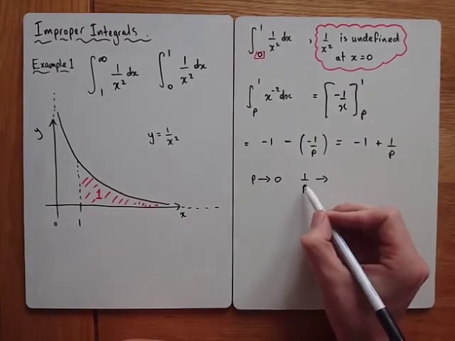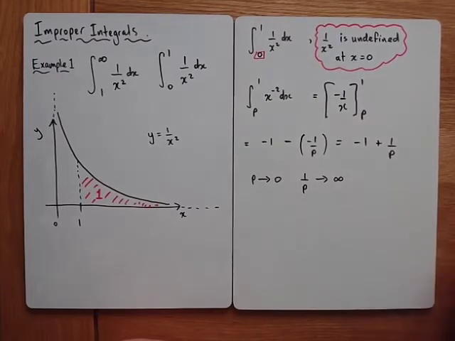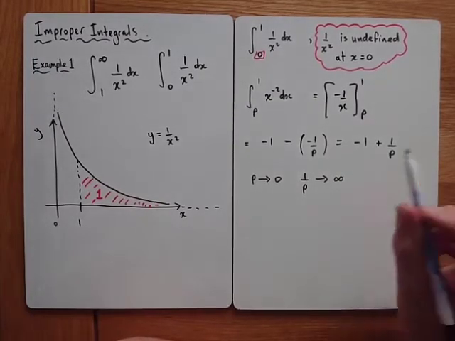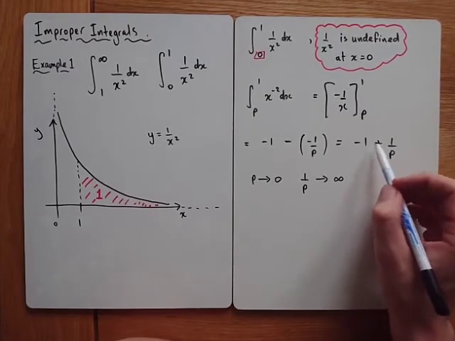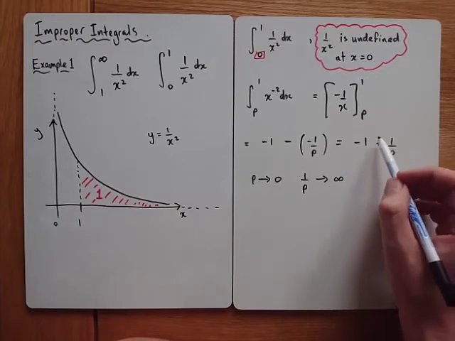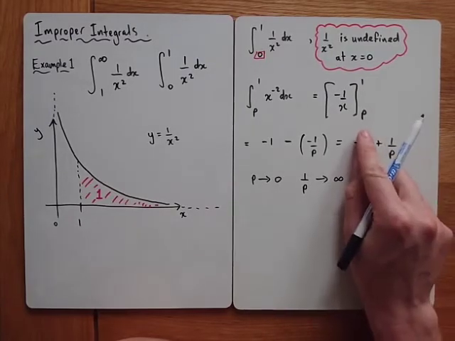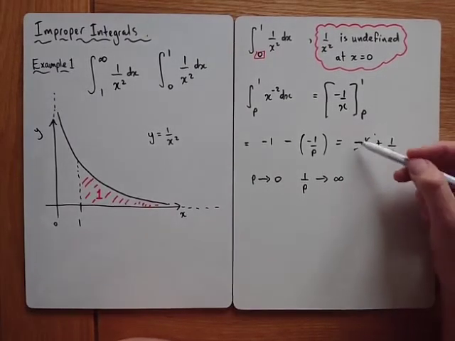But as p gets smaller, 1 divided by something that's getting smaller is actually going to tend towards infinity. So because this term is tending towards infinity, it doesn't matter about this minus 1, does it? Like if you've got minus 1 and then something which is tending towards infinity, that's basically negligible. It has no impact at all on the answer. We can just completely forget about this.